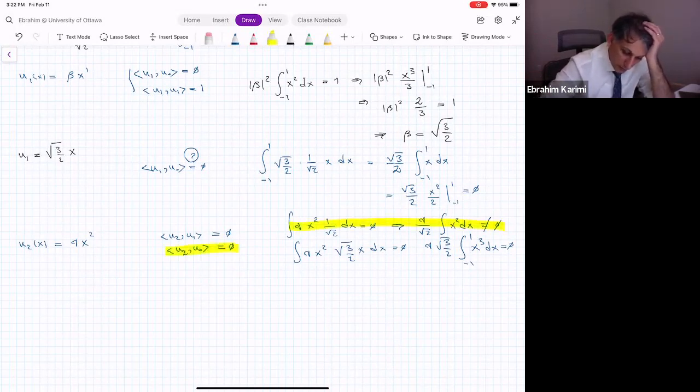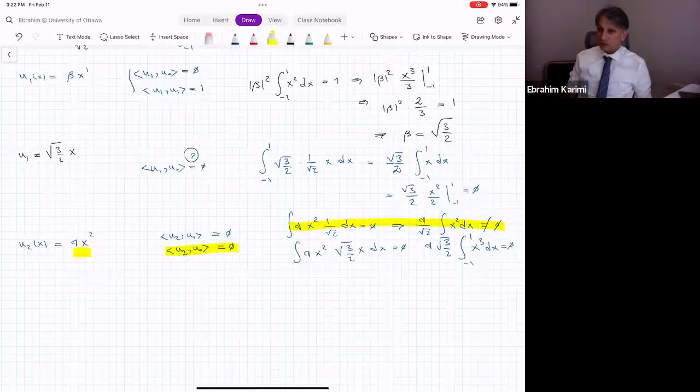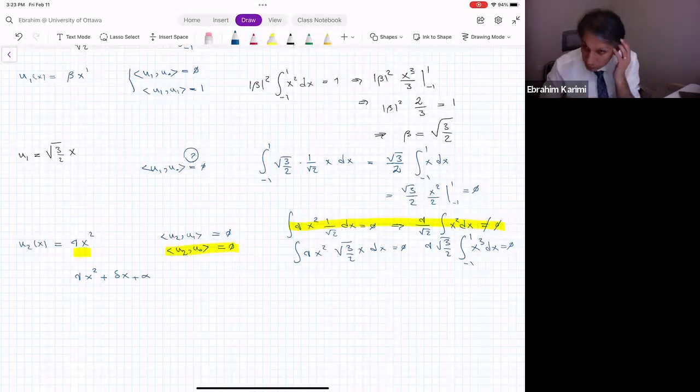So the first problem here is that you cannot fulfill this condition if you only choose the parabolic term, so x power of 2. What you have to do is go with other terms as well, just to satisfy this. So what are the other choices? You go with gamma x power of 2 plus delta x plus, I don't know, alpha, and then you will see if that will be fulfilled.